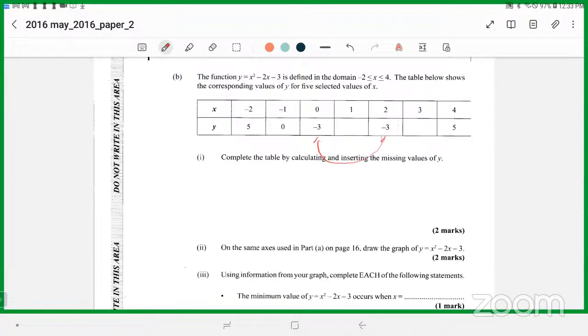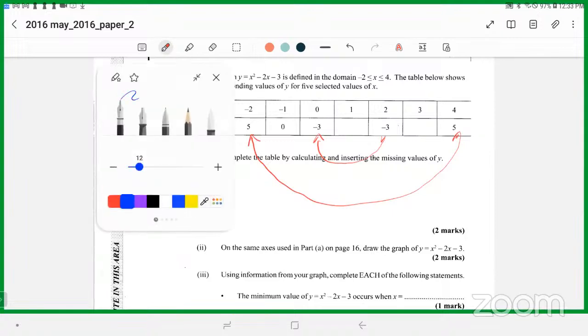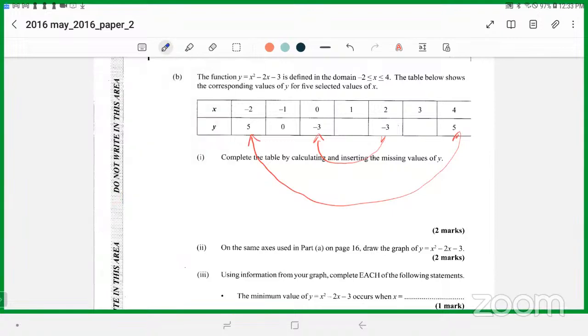Like for example, these two are symmetrical and these two are symmetrical. What comes between them? Since there's a 5 and a -3 on either side, there must be a 0 in between over here as well. So I know that right here is a 0.